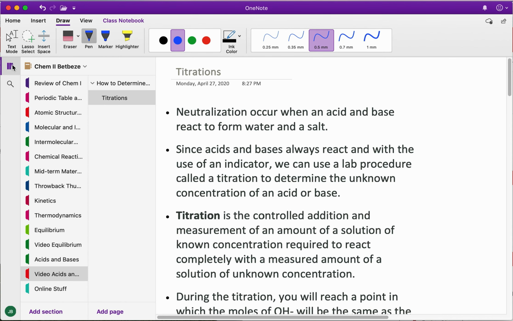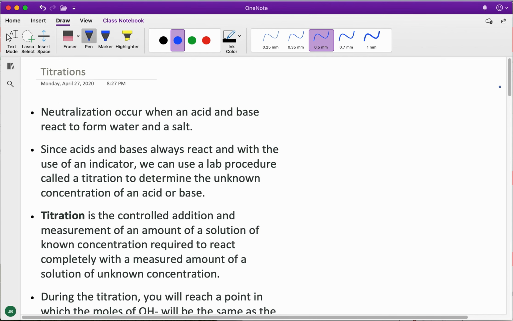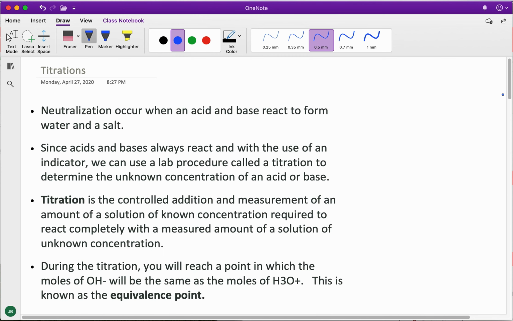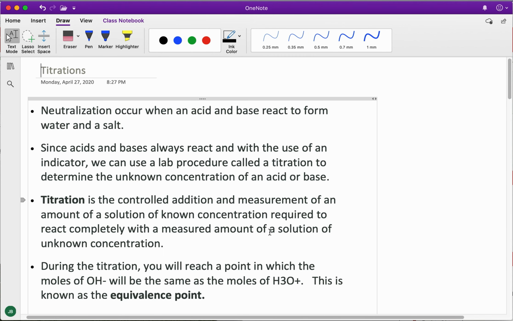All right, so the whole point of talking about all these different types of indicators was really to get at the meat of this screencast, which is about titrations. So when you're doing a titration, you have an Erlenmeyer flask that has either an acid or a base, strong acid or weak acid, strong base or weak base.